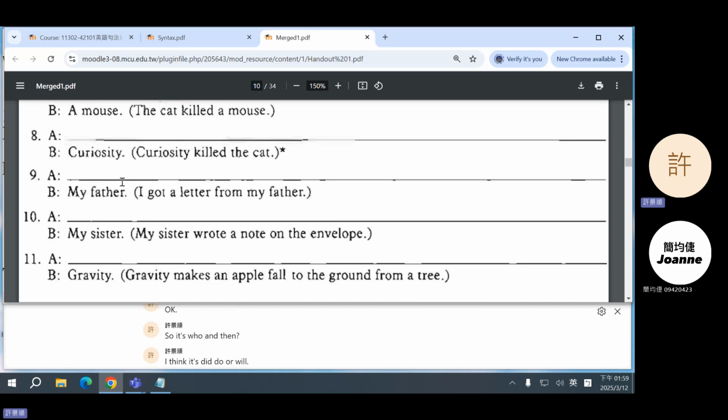"Did", past tense, good. Who did, and then you get a letter from? Who did you get a letter from? Or again, if you're crazy, from whom did you get a letter?